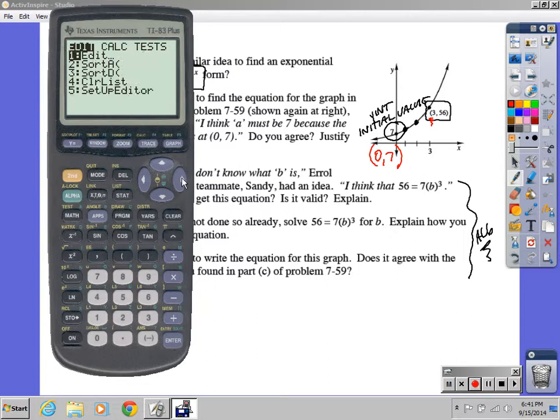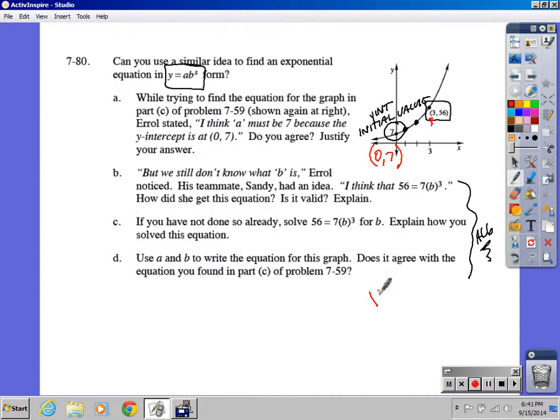Stat, calculate, and this is an exponential function, so we're going to choose exponential regression. Enter, enter, and we get our equation of y equals 7 times 2 to the x. A, b to the x form. This is not linear, these are exponential. Okay?